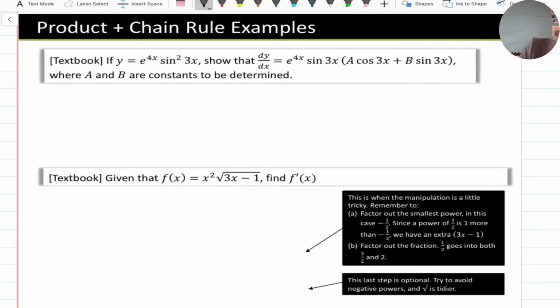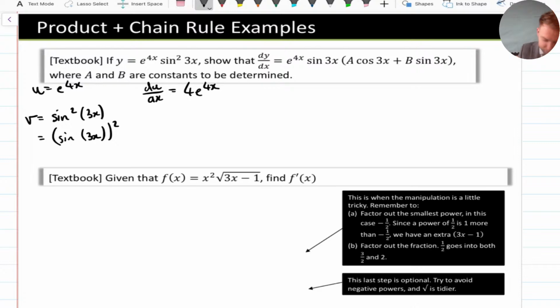So u in this first one is going to be equal to e to the 4x. v in this one is going to be equal to sine squared of 3x. Now, I'd probably write this one as sine of 3x all squared. There's actually 3 layers in that. So if I differentiate the u, du by dx is equal to 4e to the 4x.